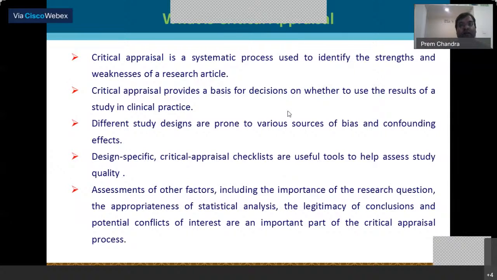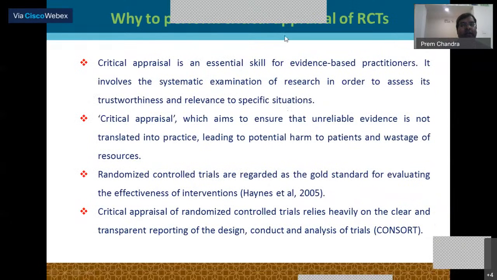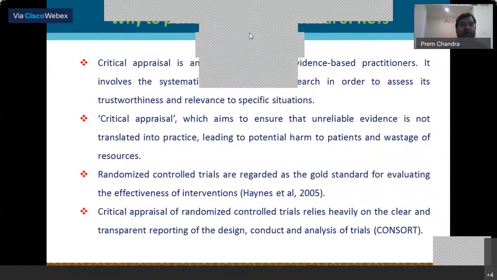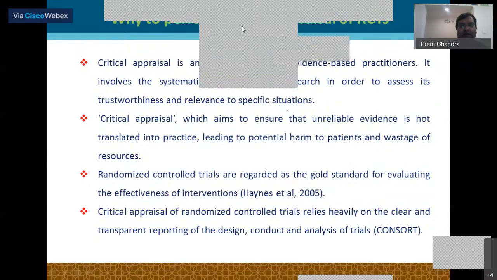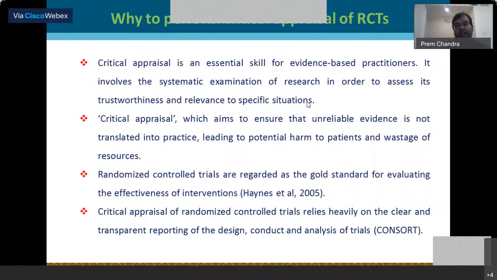Okay, so the next one is about why we need to perform a critical appraisal of RCTs. The critical appraisal is an essential skill for evidence-based practitioners. It involves the systematic examination of research in order to assess its trustworthiness and relevance to specific situations, as we all know.